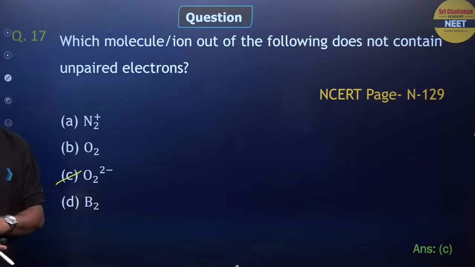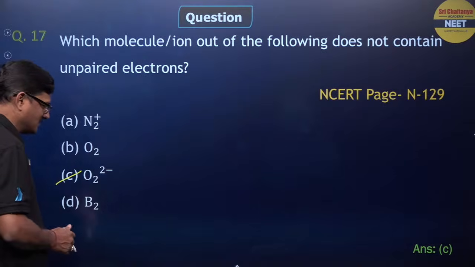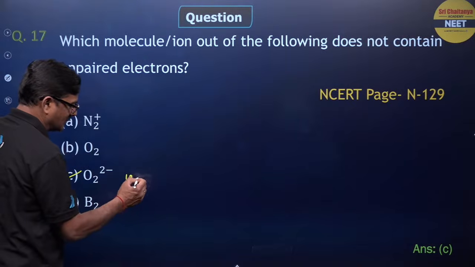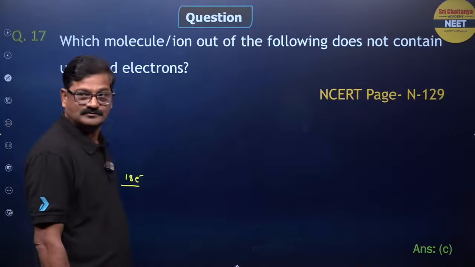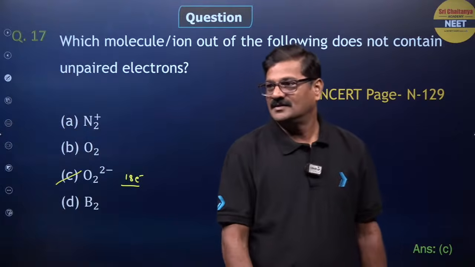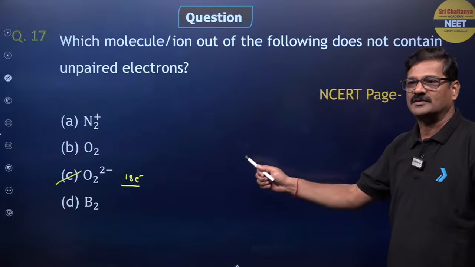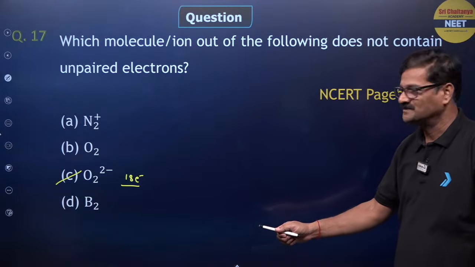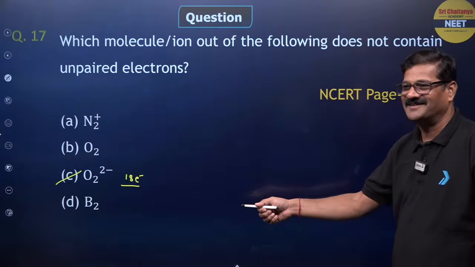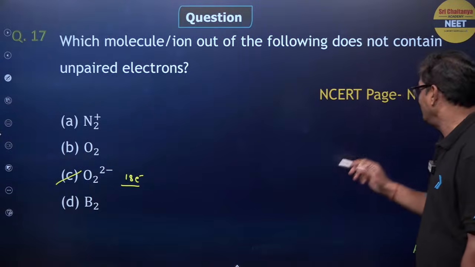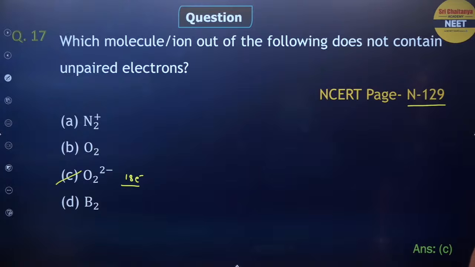Write the electronic configuration for 18 electrons. Molecular orbital theory, everyone has to do it. Will you do it? It is there on page number 129 of NCERT.